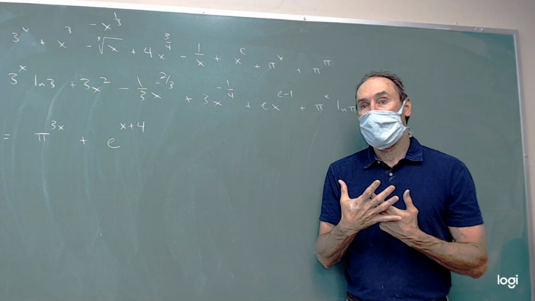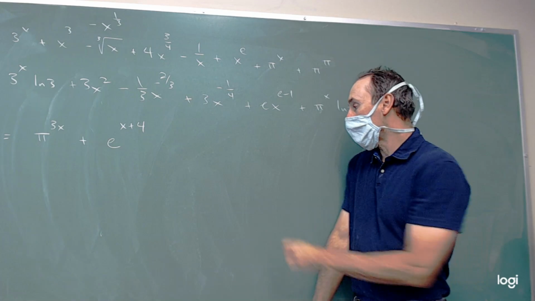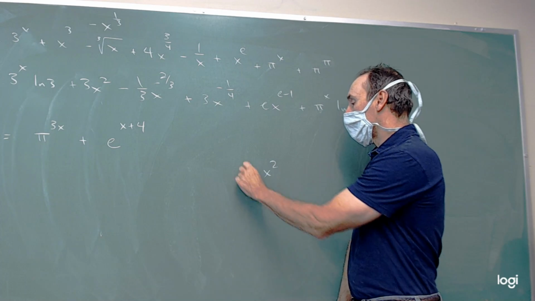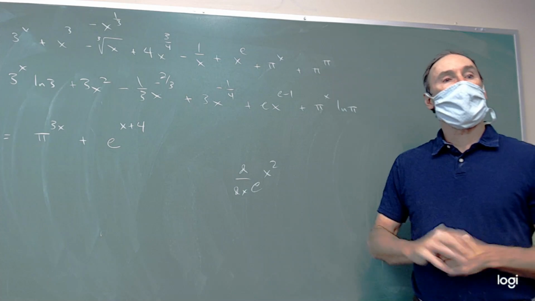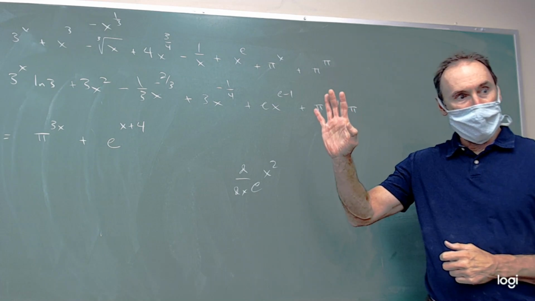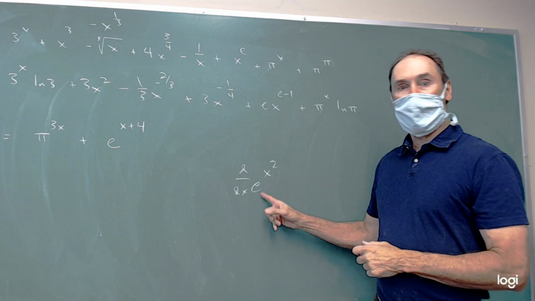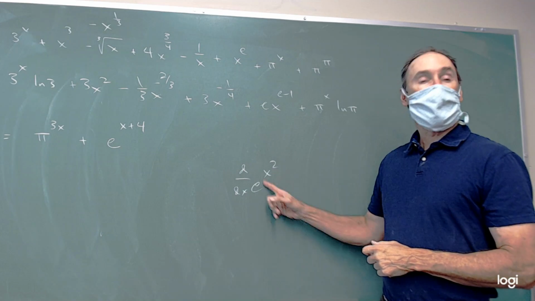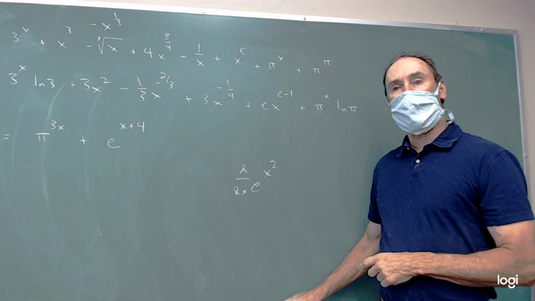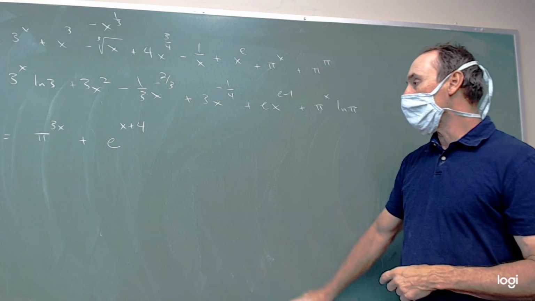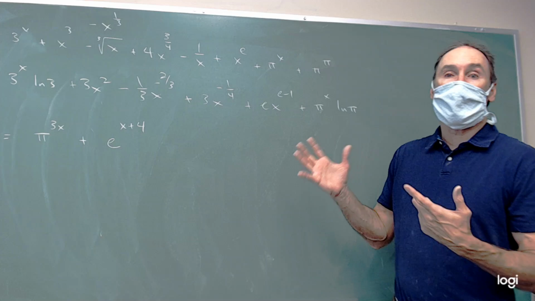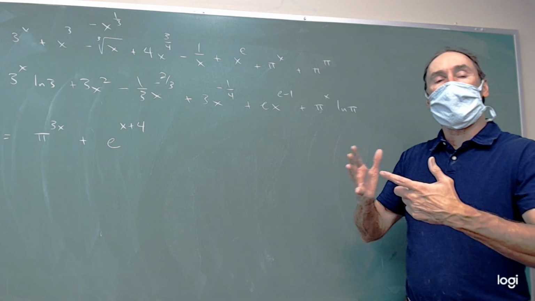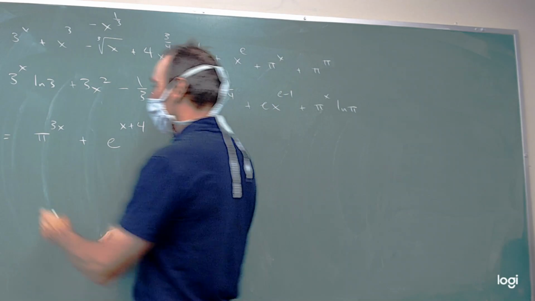We only know how to differentiate, like if we had e to the x squared, we don't know how to differentiate that right now. We need more firepower. That's still to come. Because you don't just have e to the x, you have e to another function, this requires the chain rule. We could do these with the chain rule, but we don't know that, so we have to be clever with how we use our properties of exponents.